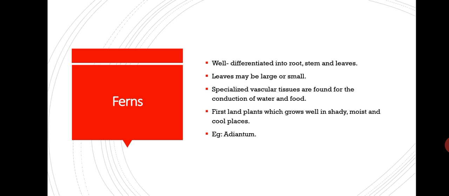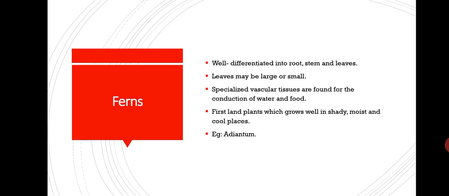And the next one is ferns. Here the plant can be differentiated into separate root, stem and leaves. The leaves may be large or small in size, and specialized vascular tissues are found, for conducting water and food materials.